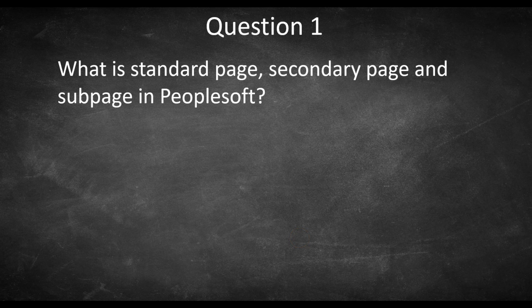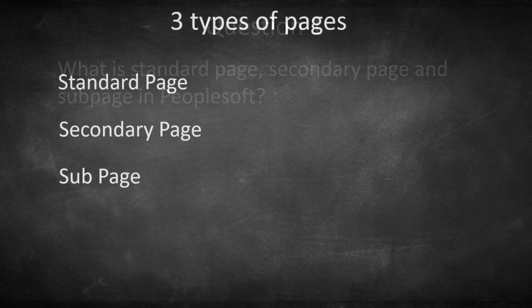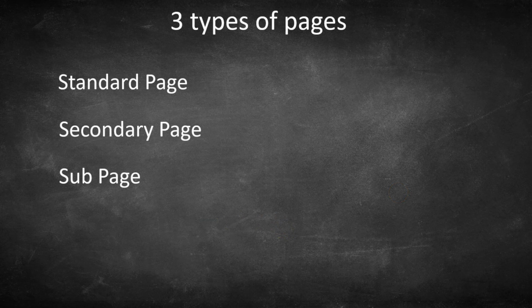First question is, what is standard page, secondary page, and subpage in PeopleSoft system? So standard page is the default type of page in PeopleSoft system. This page is displayed and available to the user at runtime when a user enters into a PeopleSoft component.